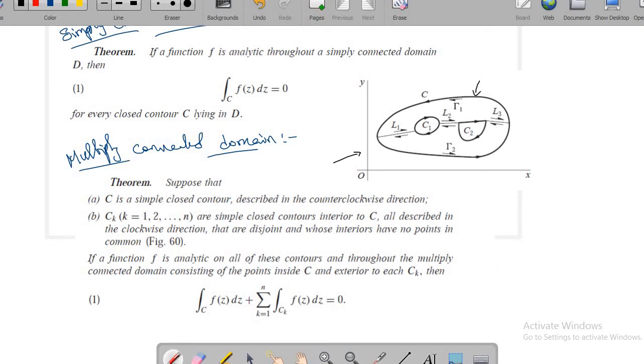And here we have an assumption. The interiors are not going to have any common points and they are totally disjoint. That means there is no intersection of those curves.